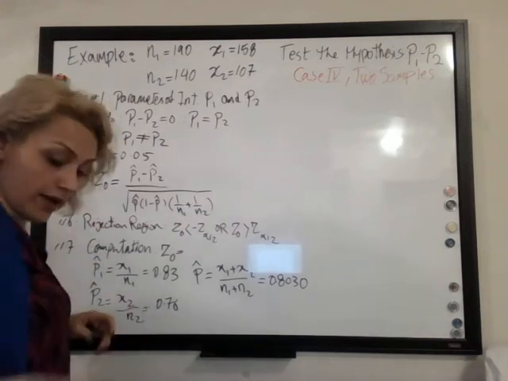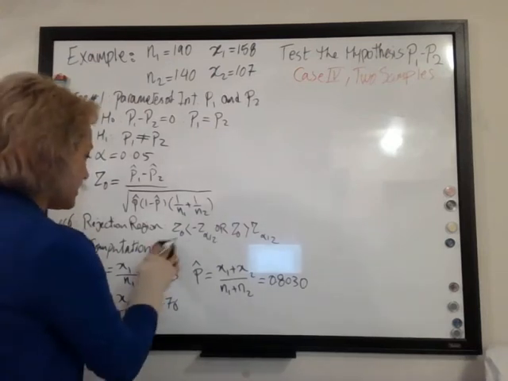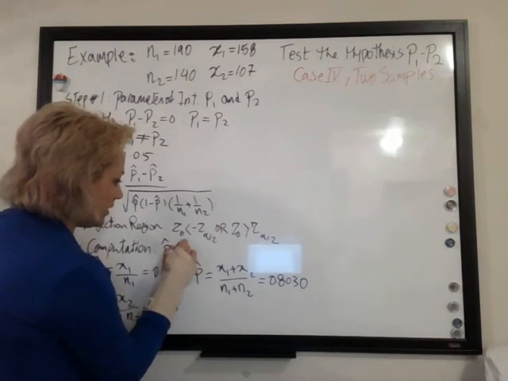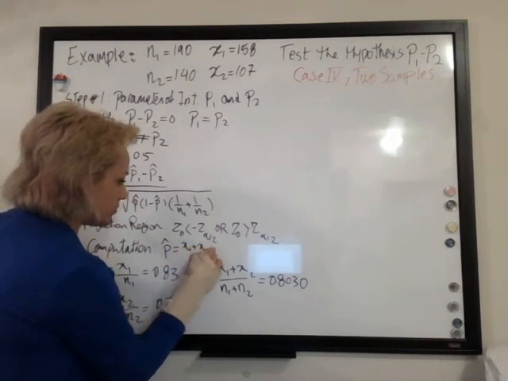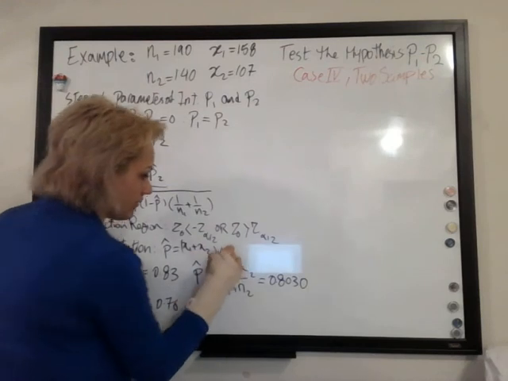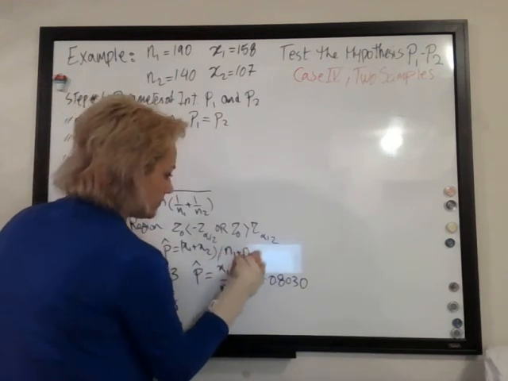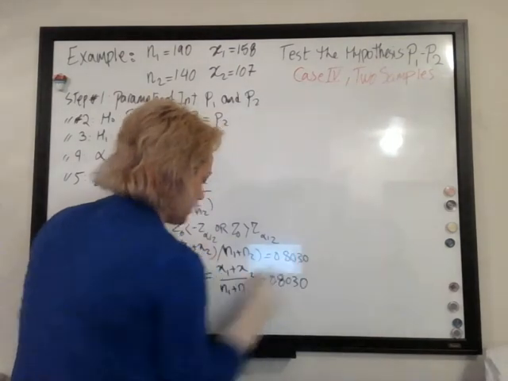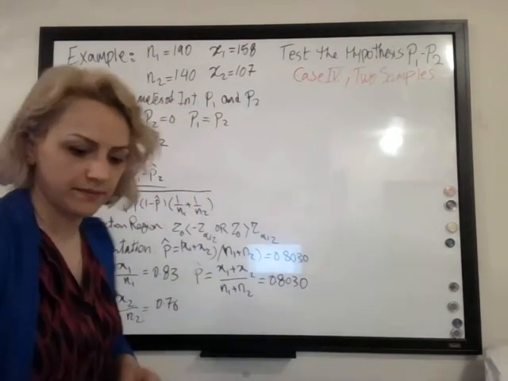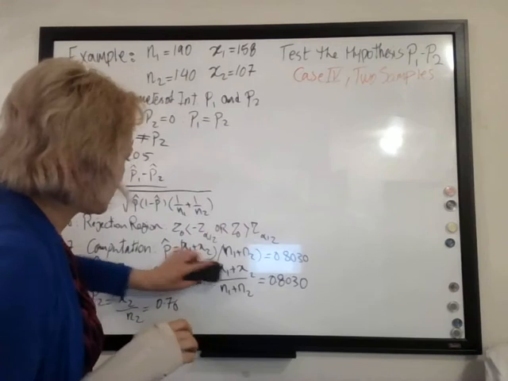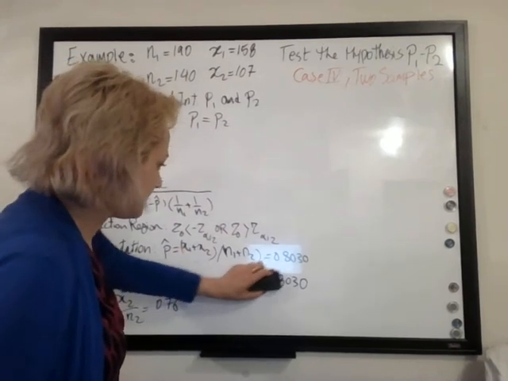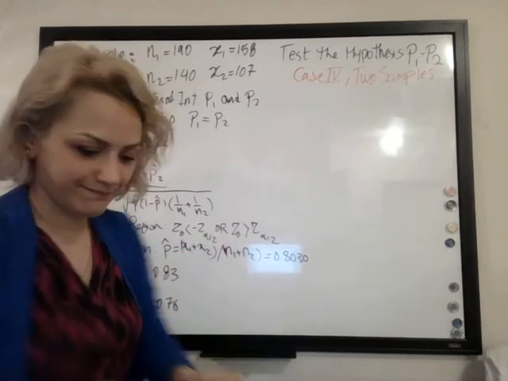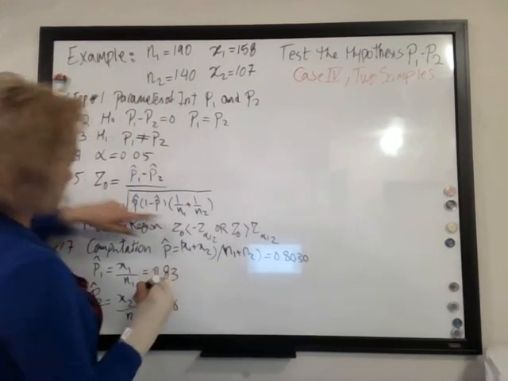After finding out all of this, we can put it in Z0. So what can I do? I can write down the P estimate here, like X1 plus X2, just to have more space here, 0.803. And then I can write down Z0 because I found everything, right?